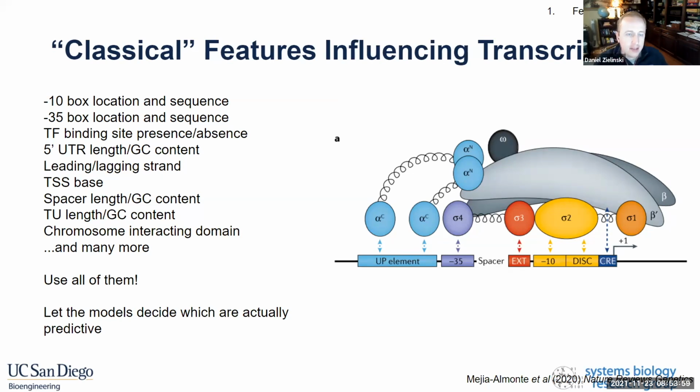That simplifies the problem for your machine learning algorithm. It doesn't have to rediscover the motif itself. It can just say, okay, I have a score for how good this motif is. Does this relate to your target value of interest?